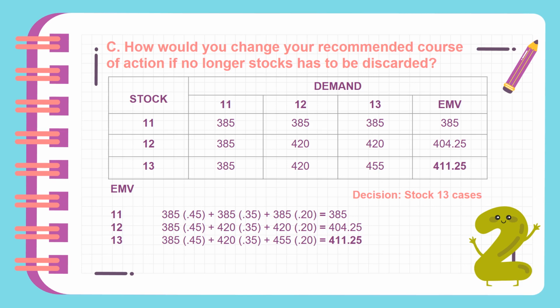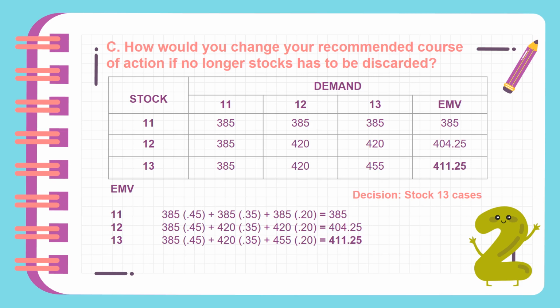So simply, we just put the 385, the amount of profit that we have earned with the 11 demand of stocks. The same goes with stock 13 with a demand of 11, so that is also 385. We no longer need to deduct the 112.